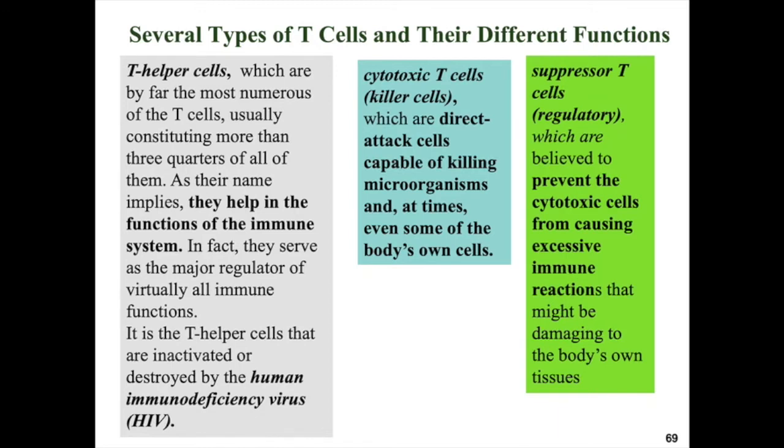The T helpers were thought to be helping other cells. So those are the ones that are infected by HIV. Okay, so keep those two facts in your mind, and add the other one we spoke already, which is the fact that they are CD4 positive.